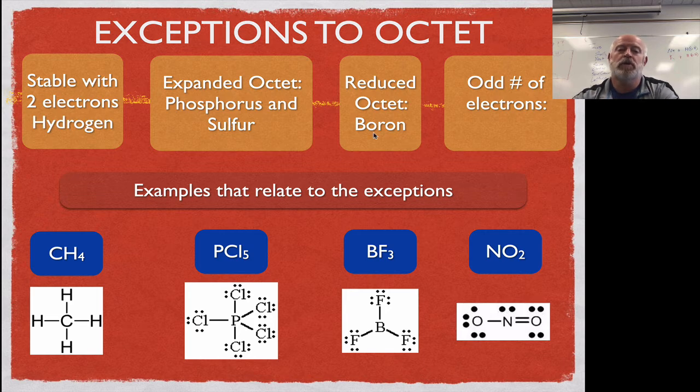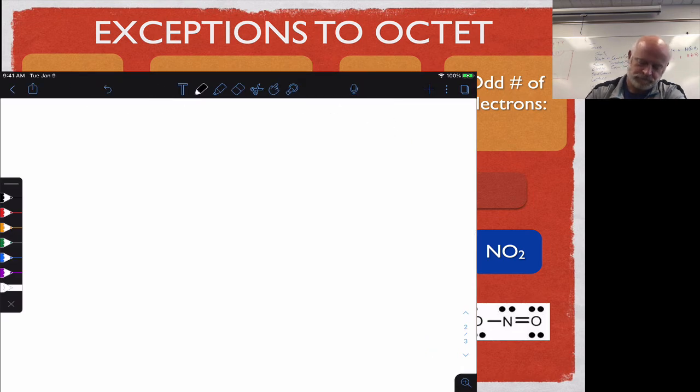Now, boron, our next kind of deal, is the exact opposite of phosphorus and sulfur. It's more like hydrogen, where boron can actually reduce its octet. Okay? Now, if we take a look at that, boron only has 1, 2, 3 valence electrons around it.